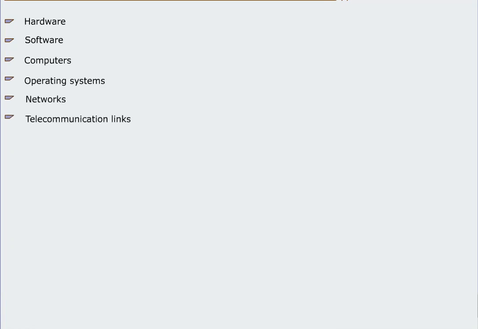The technology infrastructure encompasses the hardware and software that are used to support the application and data. This includes computers, operating systems, networks, telecommunication links, storage technologies, and the architecture that has been designed to implement these technologies.